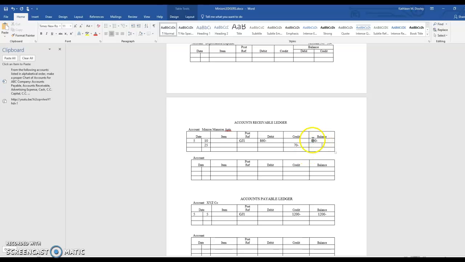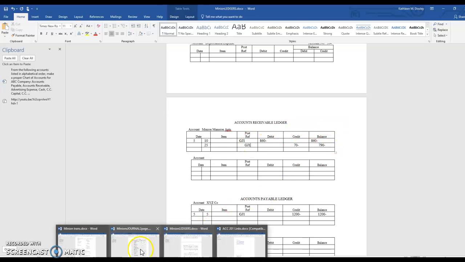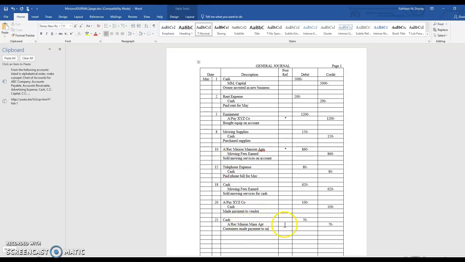Our balance, $860, is a debit balance. Here we have a credit. Debit and credit is subtract. So $860 minus 70 would be $790 is our new balance. Where did this come from? J1. And then we're going to go back to the journal and put our asterisk.